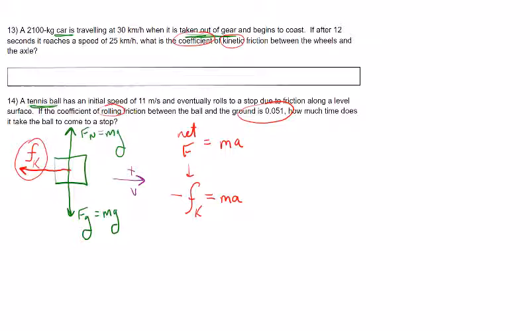Since the friction force is equal to the normal force multiplied by your coefficient of friction, I'm going to replace this part with minus mu k times my normal force, and that would equal m times a. But in our situation, our normal force just has a magnitude equal to the weight of the object. So I replace this Fn with mu k, m times g.